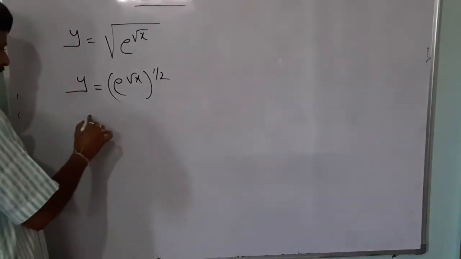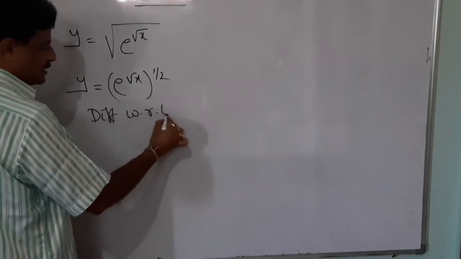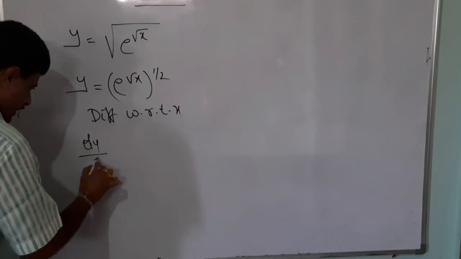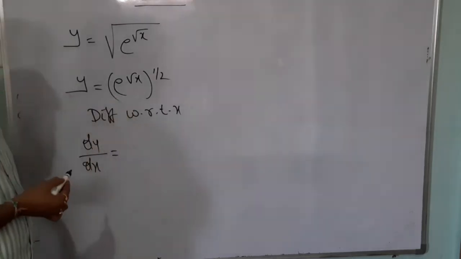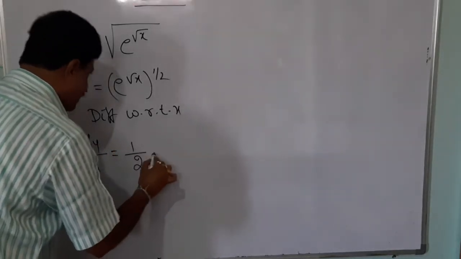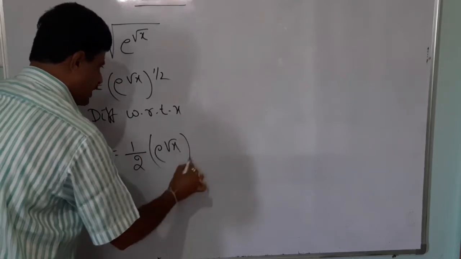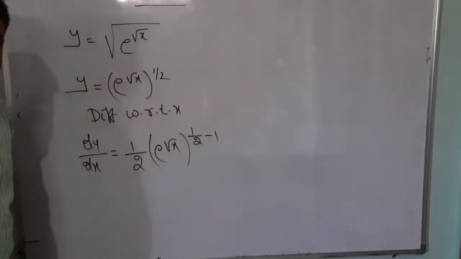So differentiate with respect to x, dy by dx. So x to the power of n is n into x to the power of n minus 1, that is e to the power of root x to the power of 1/2 minus 1.